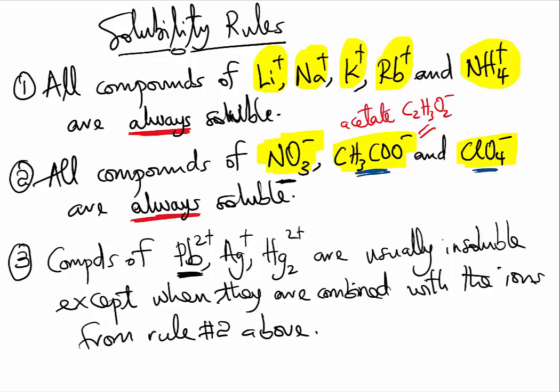But all the other compounds of silver, we can assume that they are not soluble. And mercury 1 nitrate, mercury 1 acetate, and mercury 1 perchlorate will be soluble. Any other mercury 1 compound, we will assume that they are insoluble because they definitely are not soluble. That is rule number 3.